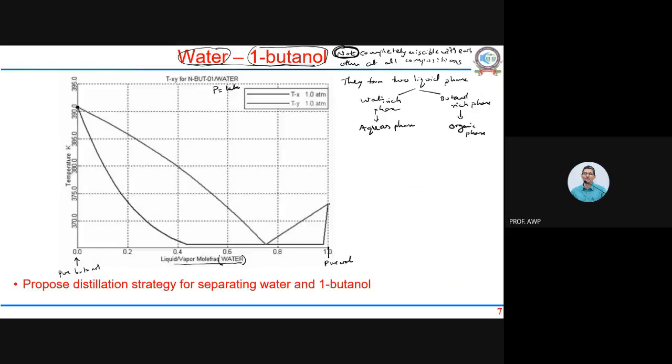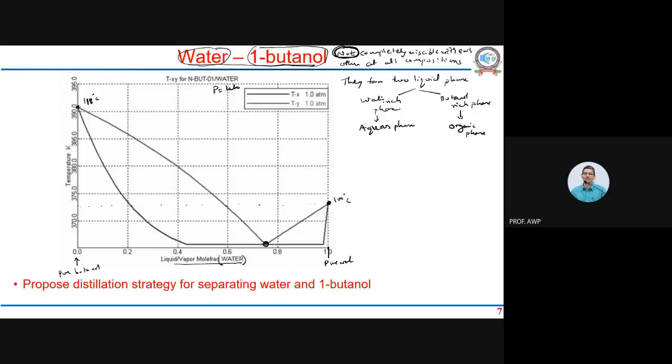This is 373 Kelvin, 100 degrees centigrade. This is 390, so something like 118 degrees centigrade for butanol.